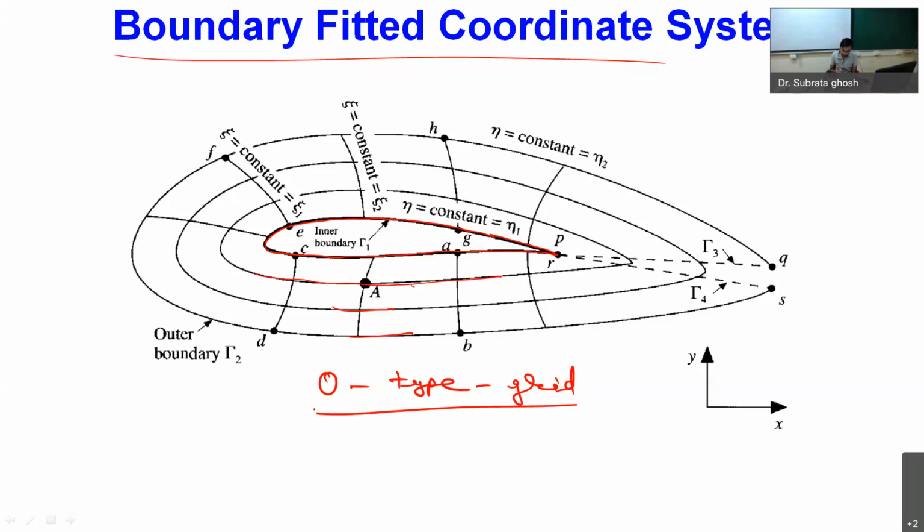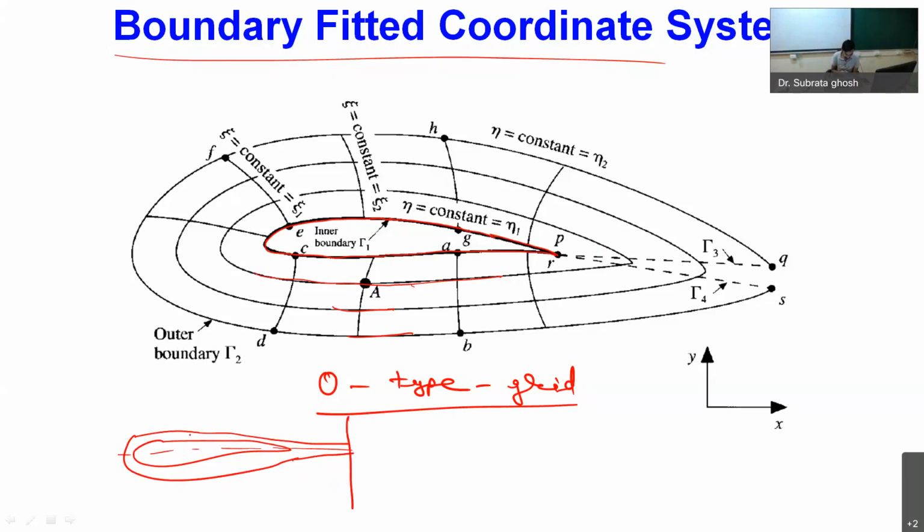If in this O type grid, let me draw one aerofoil, near the trailing edge, instead of forming a closed circle, I form lines something like this.